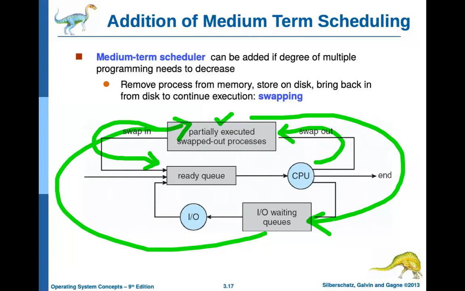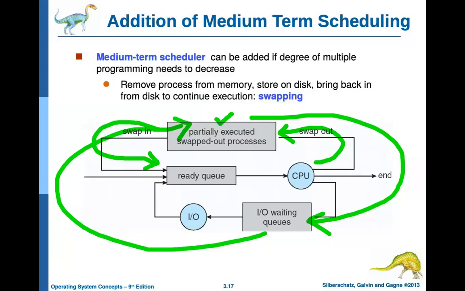That will increase the degree of multiprogramming, but there is no space. And if there is no space, we need to swap out a few processes from main memory onto the swap. So that is also the swap out. So maybe waiting processes are also selected.